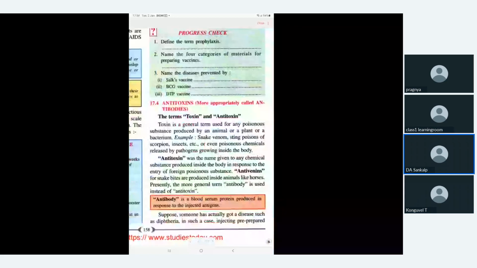When a snake bites us, certain poisons enter into our body.